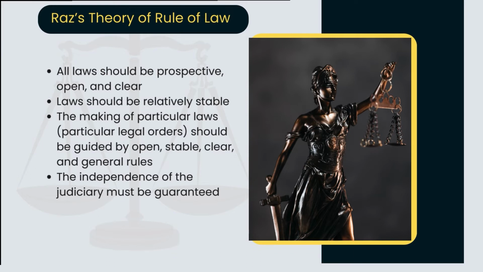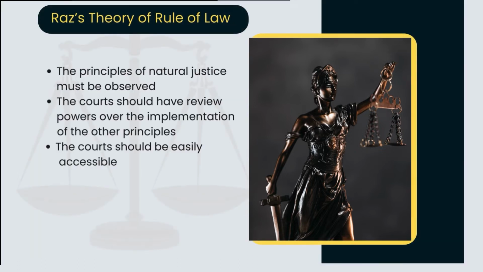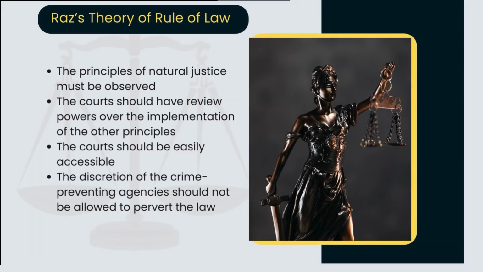The making of particular laws, particular legal orders, should be guided by open, stable, clear and general rules. The independence of the judiciary must be granted. The principles of natural justice must be observed. The court should have review powers over the implementation of other principles. The courts should be easily accessible.